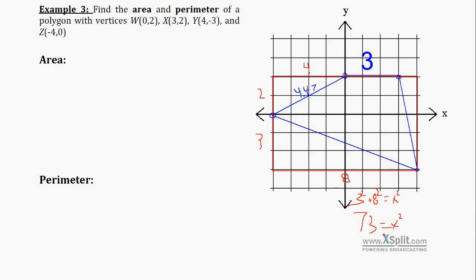Square rooting both sides, the square root of 73 is going to give us 8.544. So 8.544 is equal to x.